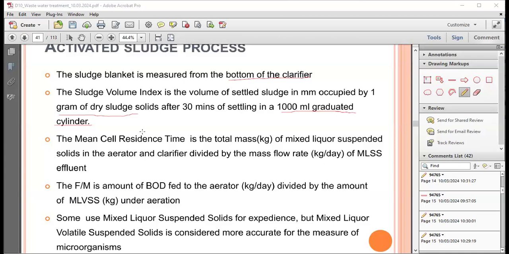The F/M is the amount of BOD fed to the aerator, kilograms per day, divided by the amount of MLVSS. We will see the meaning of MLVSS under aeration. Some use mixed liquid suspended solids for expedience, but mixed liquid volatile suspended solids is considered more accurate as a measure of microorganisms.